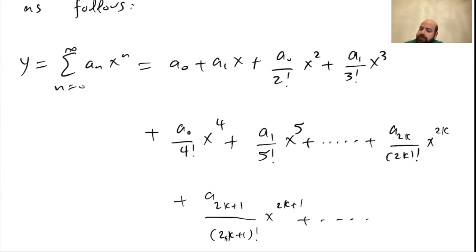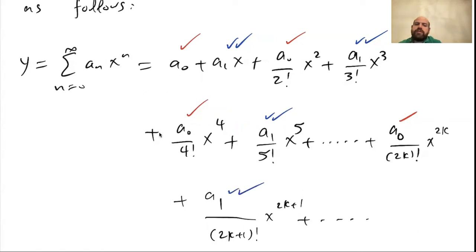So I can regroup the terms that contain a0 together. So this one, this one, this one. And then regroup the terms that contain a1 together. So this one, this one, this one, and this one.